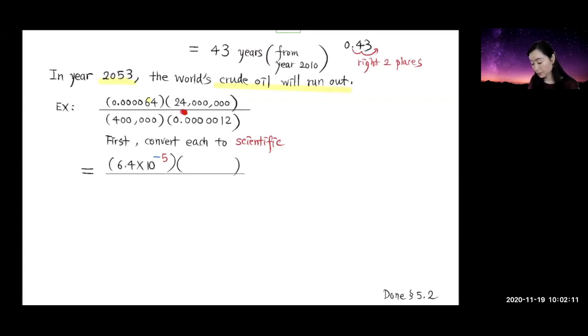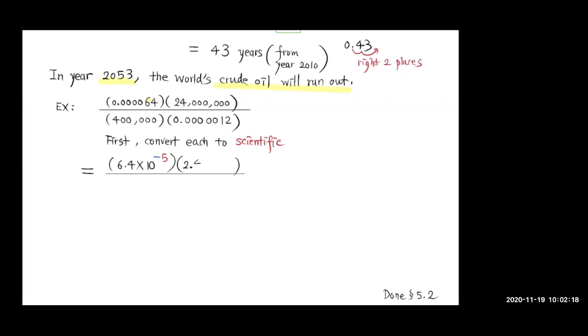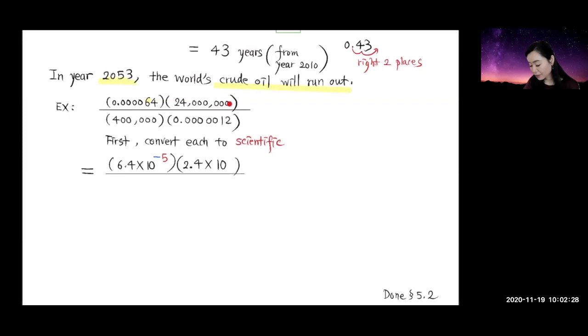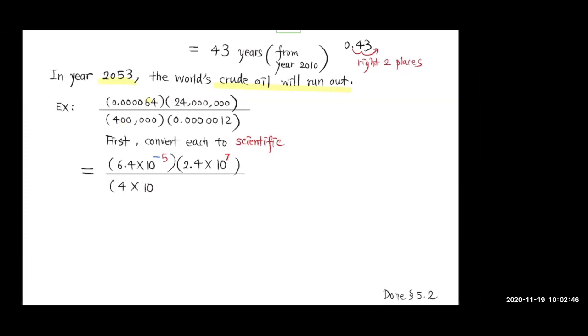In scientific notation, that will be 2.4 times 10 to the 7. You move 3, 6, and then one more. So 7. Then here it is 4 times 10 to the, you move 3 and then another 2. So that's 5. 10 to the 5th power.